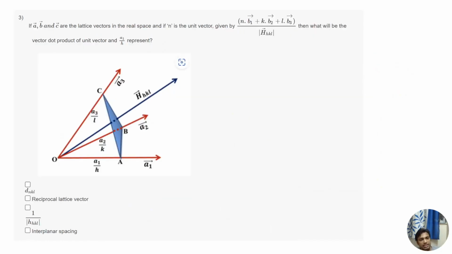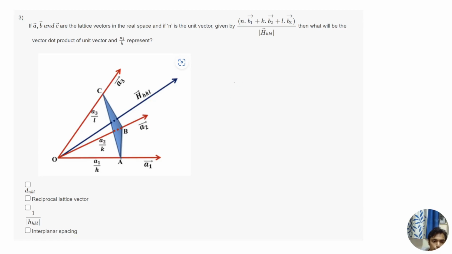So if a, b and c are the lattice vectors in the real space, and n is the unit vector given by hb1 plus kb2 plus lb3, then what will be the dot product of the unit vector?